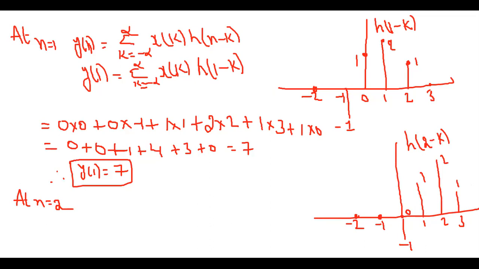Shifted values. Okay. So y of 2 is equal to, now the value is the sum of k equal to minus infinity to infinity, x of k, h of 2 minus k. H of 2 minus k, shifting towards the right side only.